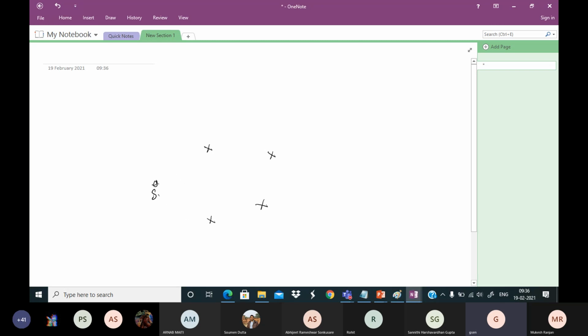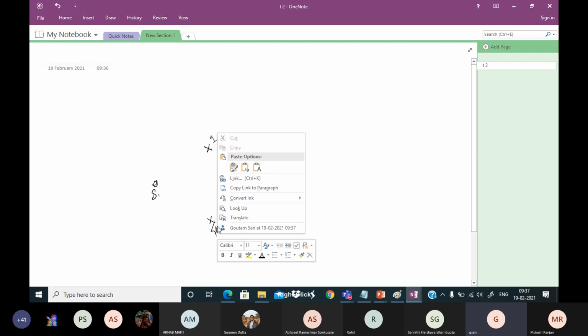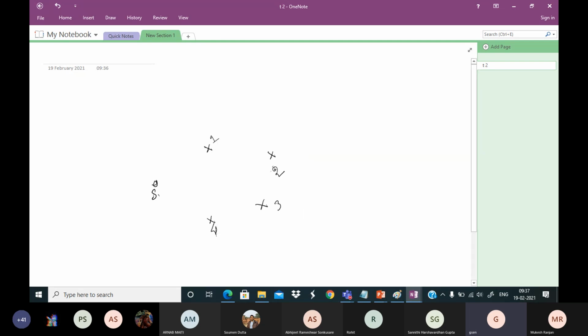Okay. Now you have the distance matrix, Dij matrix among all these, right? Node 1, this is 2, this is 3, this is 4, right?